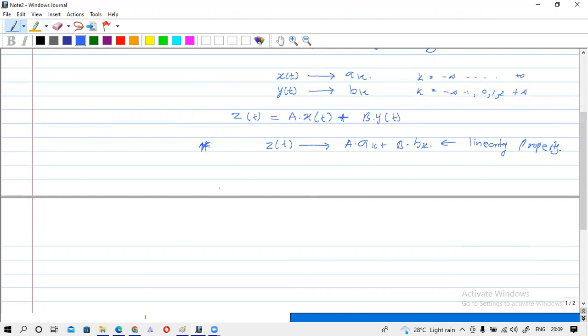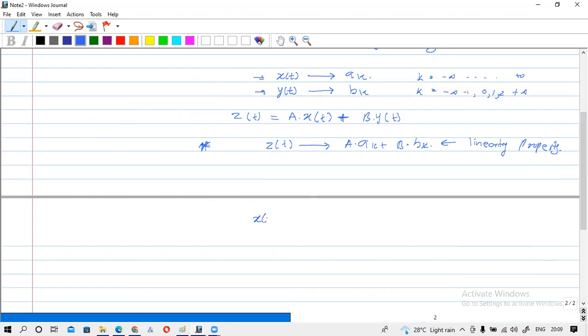And if we get the time reverse of this signal, for example, the time reverse signal of x(t) will be x(-t). We have learned these time transformation techniques in our previous topic, which has been included in our learning outcome too.